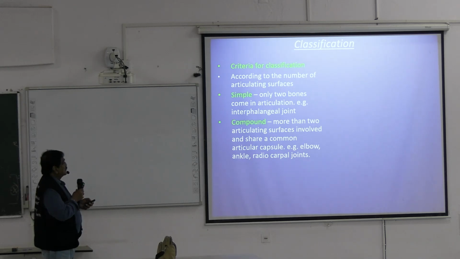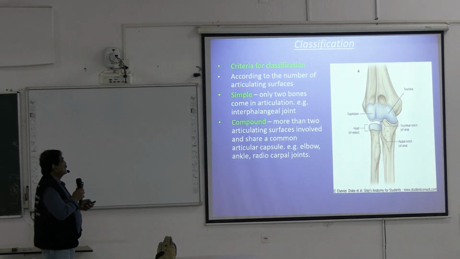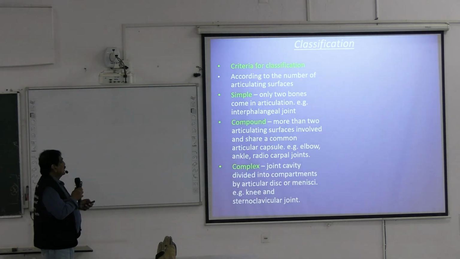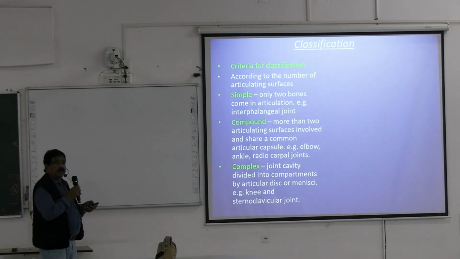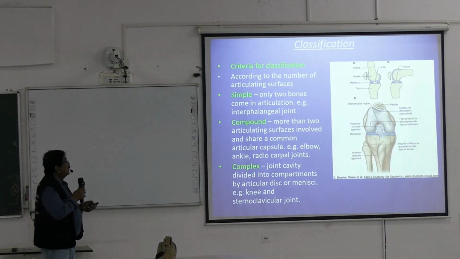Compound: more than two articular surfaces sharing a common articular capsule, example, elbow, ankle, radiocarpal joints. Here's the picture. Complex: joint cavity divided into compartments by an articular disc or menisci, example, knee and sternoclavicular joint. Here's the picture.